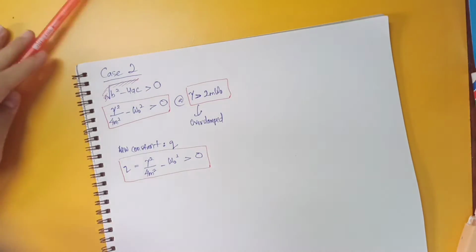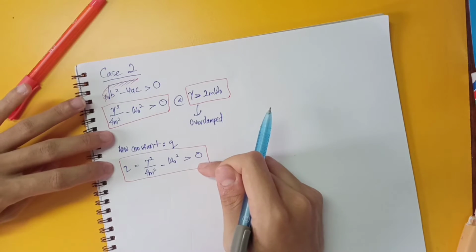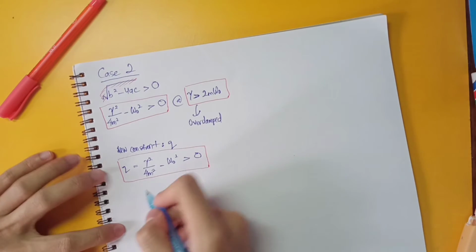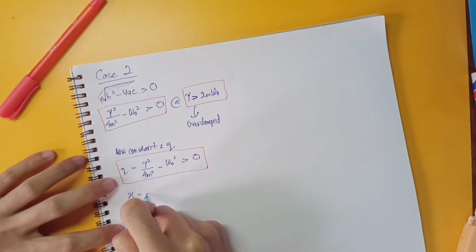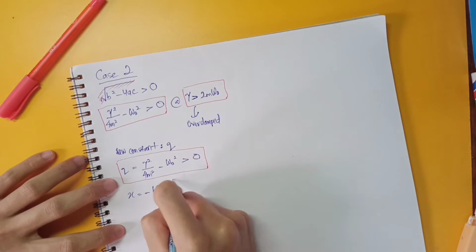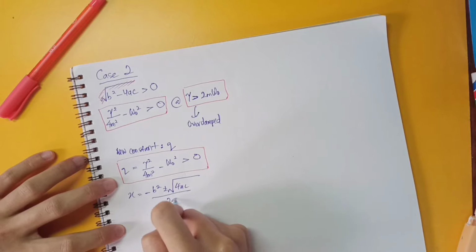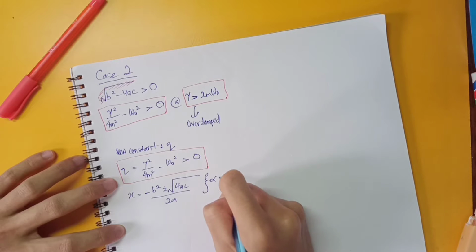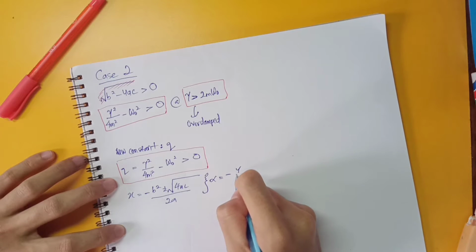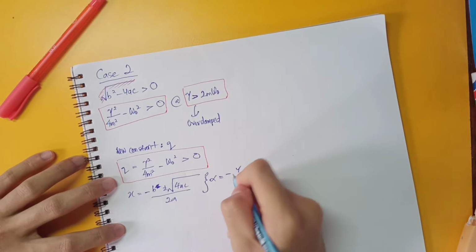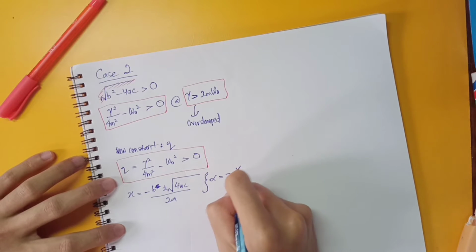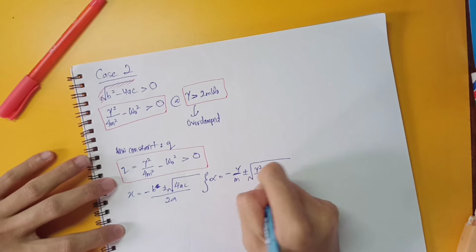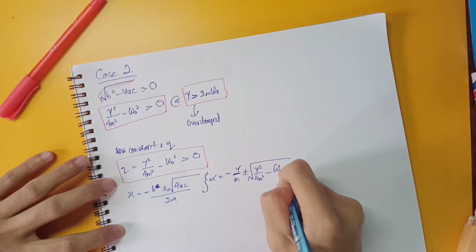Okay, since we have the inequality, now let's look at alpha. x equals negative b plus minus the square root of b square minus 4ac over 2a. Let's look here. Alpha is equal to negative gamma over 2m, plus minus the square root of gamma square over 4m square minus omega naught square.